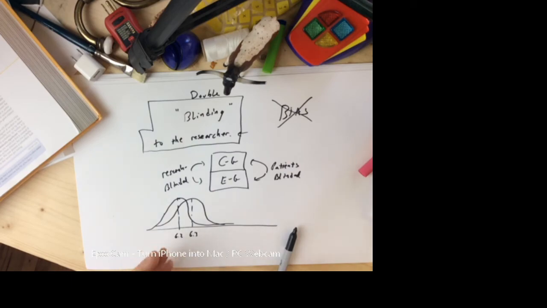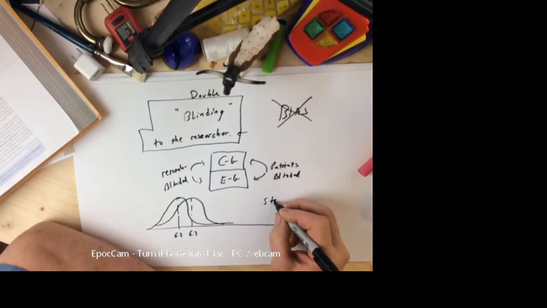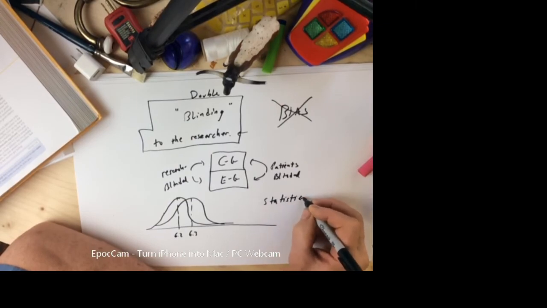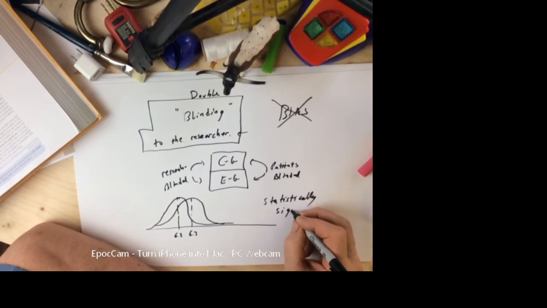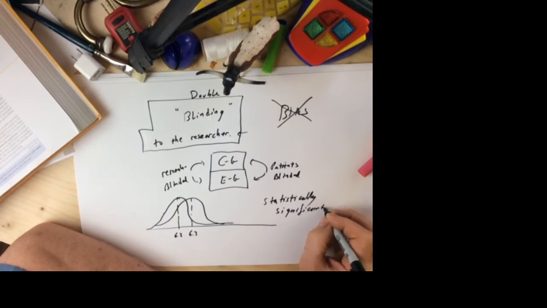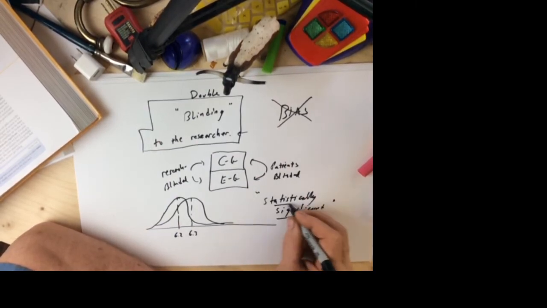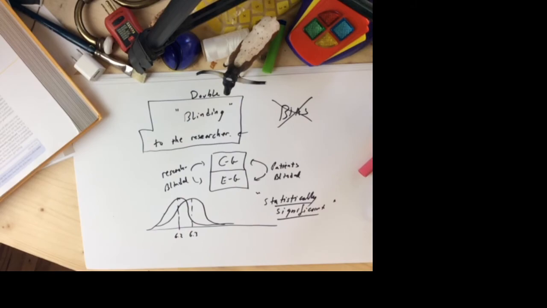So we would like the results of things to be what we call statistically significant. And the idea of statistical significance is that there should be some way to measure that this effect that we're seeing is not just a random effect.